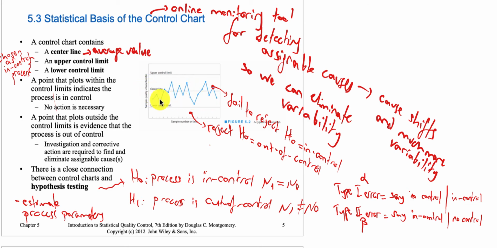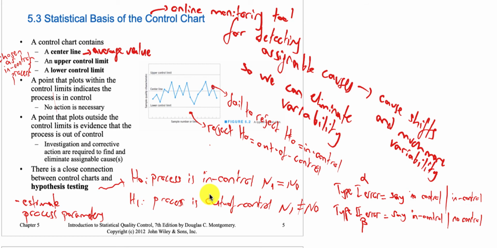For example, we are gonna get out of control points here, then our shift will be drifted away, for example, here, right? Because we are gonna have data here and it will shift our target value to the lower values. The mean will be shifted. So we are using control charts, and in this manner actually we are testing our hypotheses, all right?